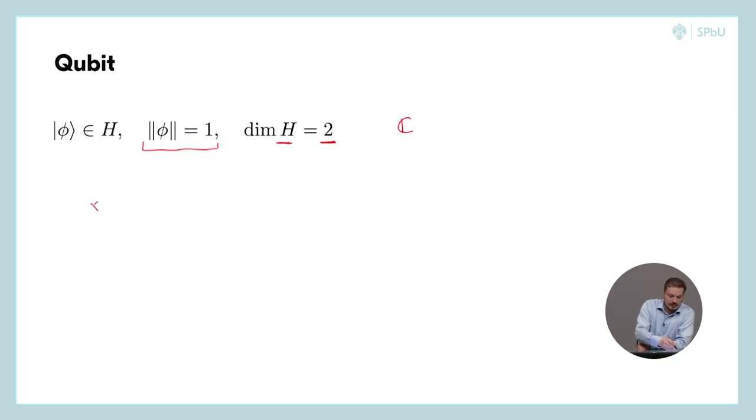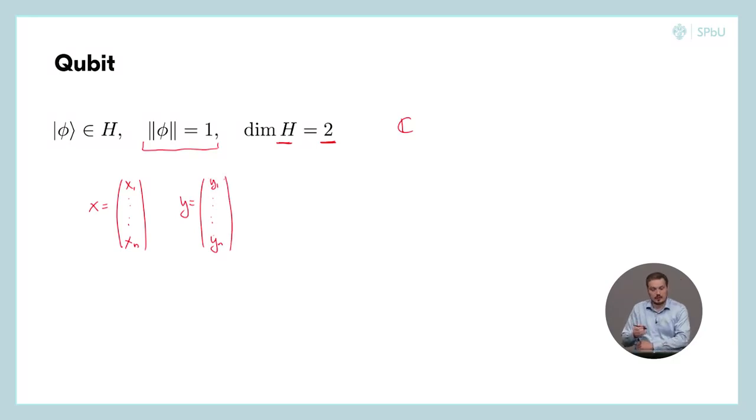So if we have two vectors in some Hilbert space of dimensionality n, here I draw them as columns. They both have n coordinates, which are complex numbers.